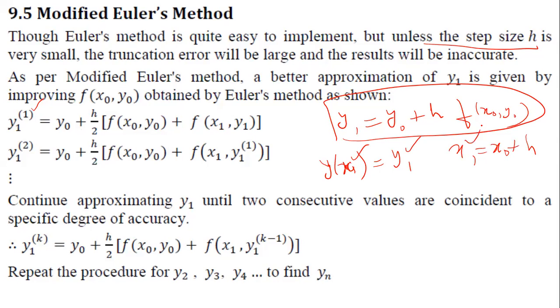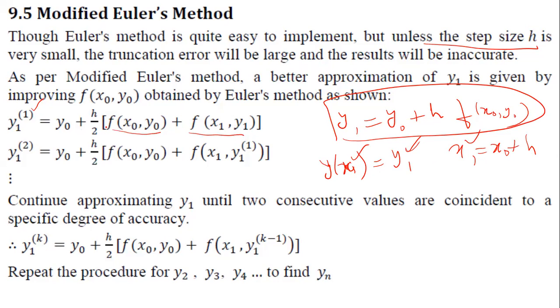From the Euler formula, we obtain the zeroth approximation, that is y1 here. Once we have x1 and y1, we can obtain f of x1 y1. And f of x naught y naught, like I said, is the slope at the initial point.